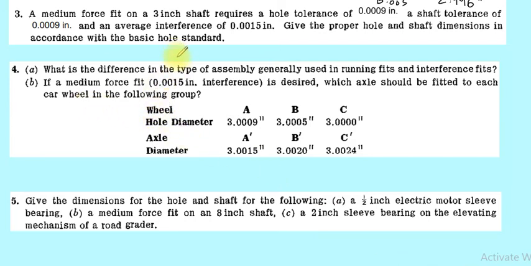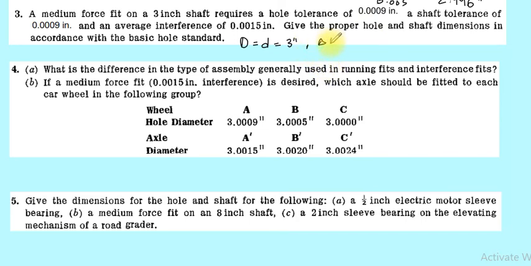So the statement says that you have a basic size of 3 inches. It is a medium force fit, so it is basically an interference fit problem, and the basic size for the hole as well as for the shaft is 3 inches. You are given the tolerance for both of these, right?